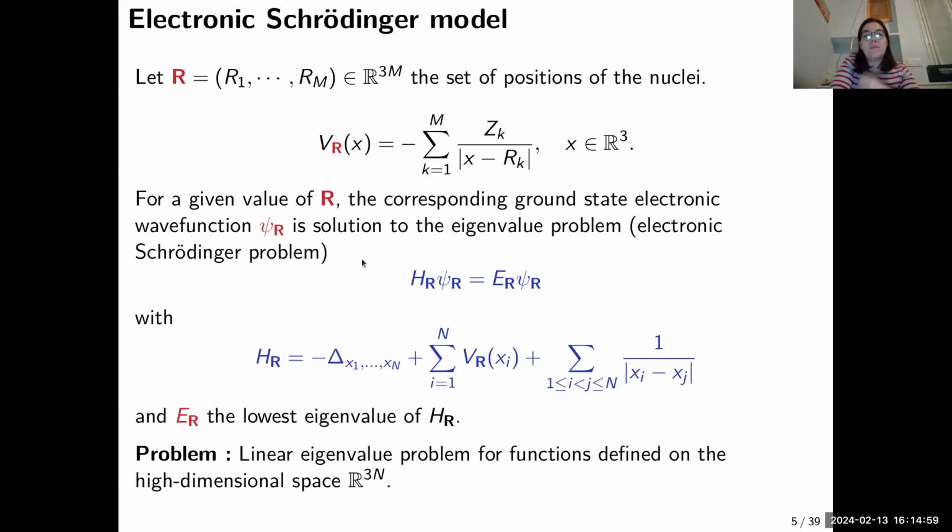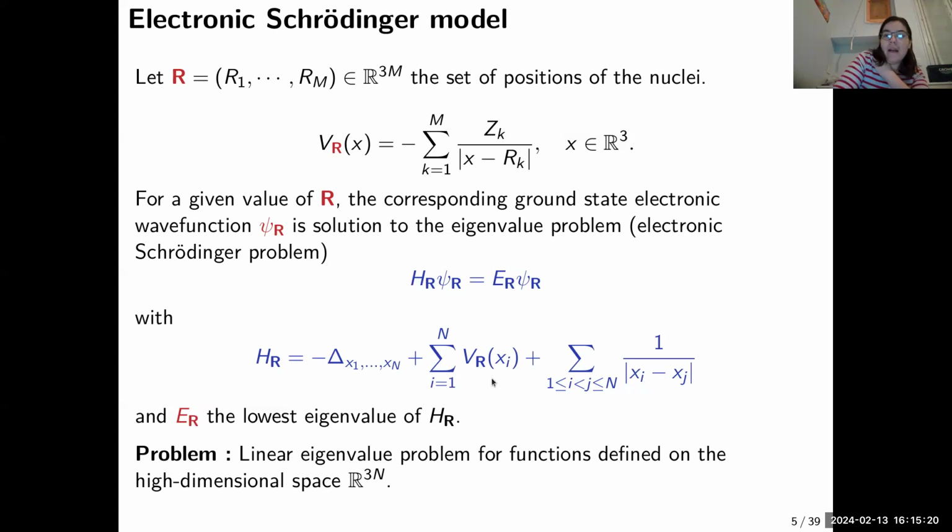so there is quite a challenge in the case where the number of electrons is quite large, which is that solving this equation actually amounts to solving a linear problem, the solution of which is a function which is defined on R^3N, which is a very high dimensional space.